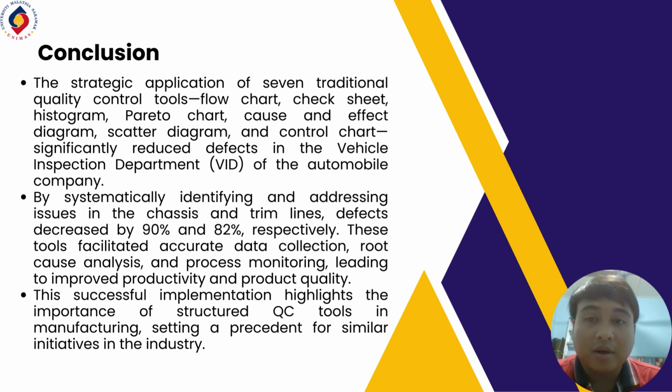For my last slide, I will give the conclusion. In this research article, the strategic application of the seven traditional quality control tools, which are the flowchart, check sheet, histogram, Pareto chart, cause and effect diagram, scatter diagram, and a control chart, which is the P chart, significantly reduced defects in the vehicle inspection department of the automobile company.